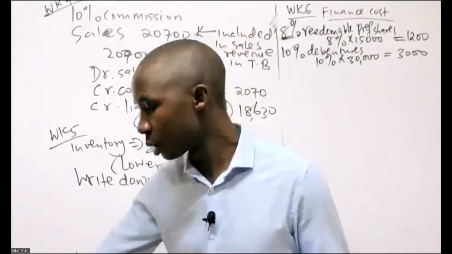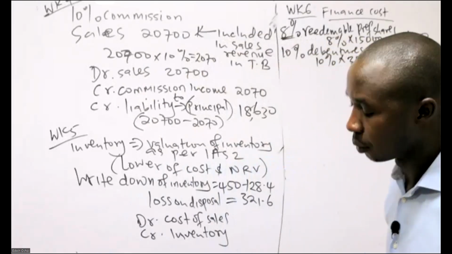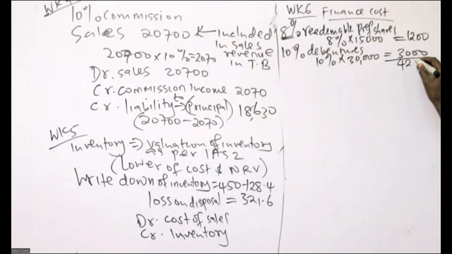You can see those interests in additional information number 6. The other items are just dividends and investment income in note 6. That is what gives us a finance cost of 4,200.